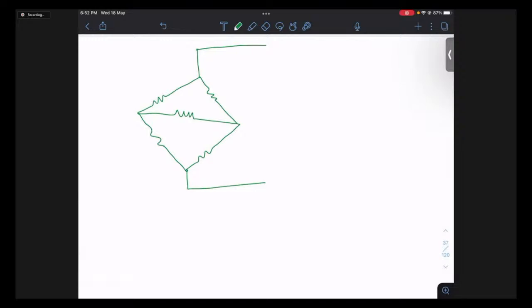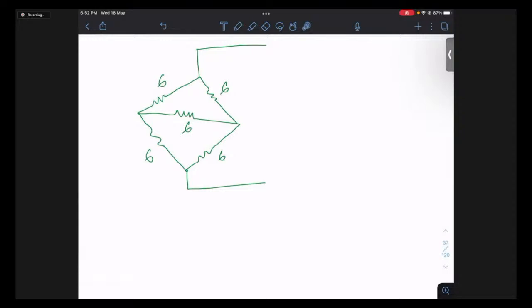Okay, so it's a balanced bridge. So let me take this value as 6, 6, 6, 6, 6. Intentionally, I have taken equal values, but there is no such restriction actually.